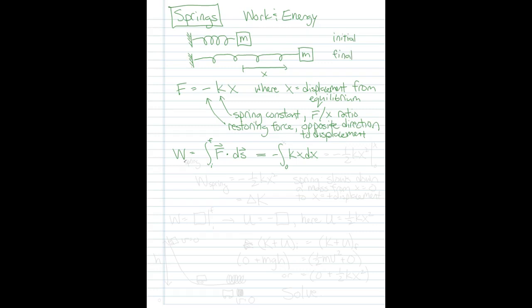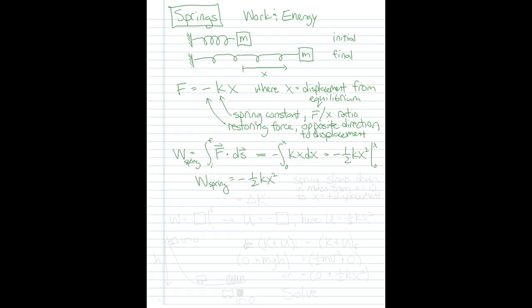And we're going to find the work done by the spring. So the final was x. This is going to be minus 1/2 kx squared from 0 to x. So the work that's done by the spring in this case is minus 1/2 kx squared.